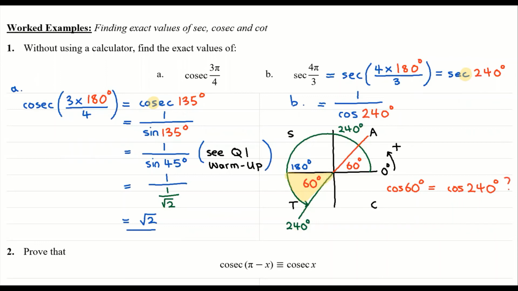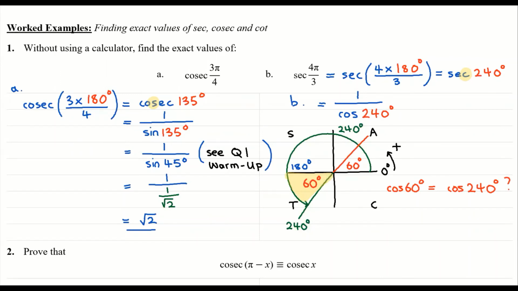But are they equal? Okay, that's the question. So we know in terms of values, irrespective of sign, cos of 60 and cos of 240 is the same number. If we take the modulus of the two, if we just consider the absolute values.